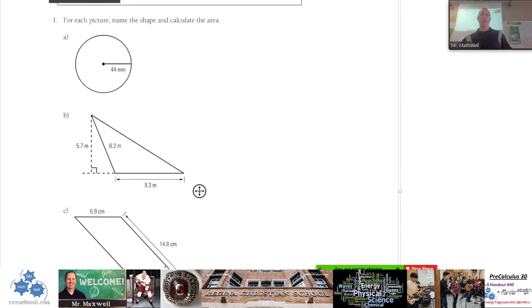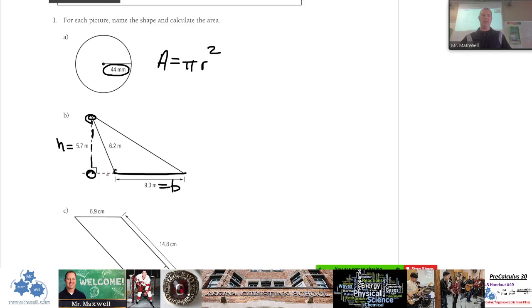So area for a circle, right? The area for a circle is pi r squared, right? And this is the radius. This triangle here, the reason why we have a dotted line outside here is because that's the overall height of the triangle if this is the base. So this is the base right here, and this is the height over here, okay?